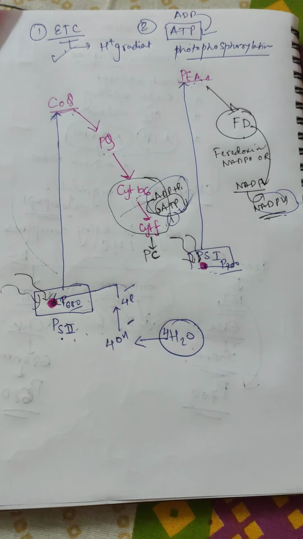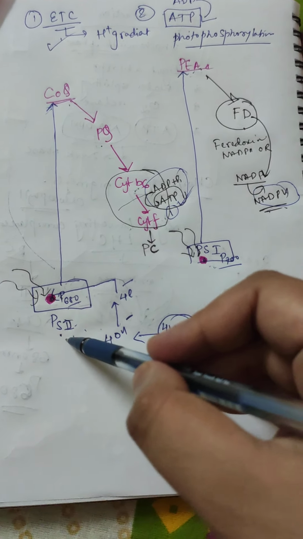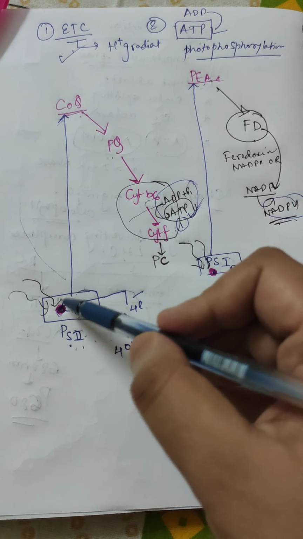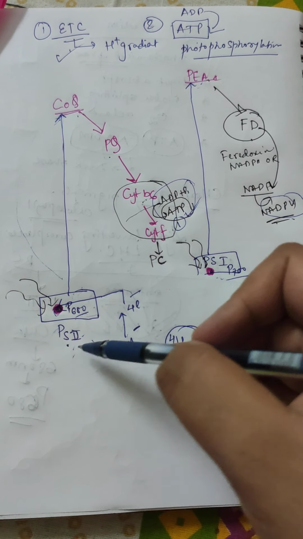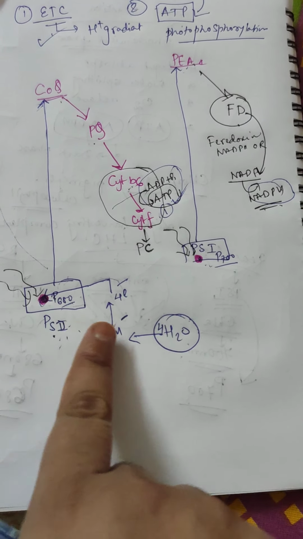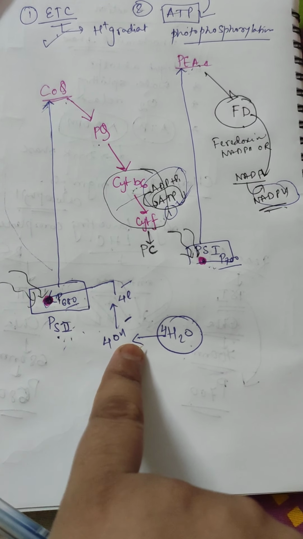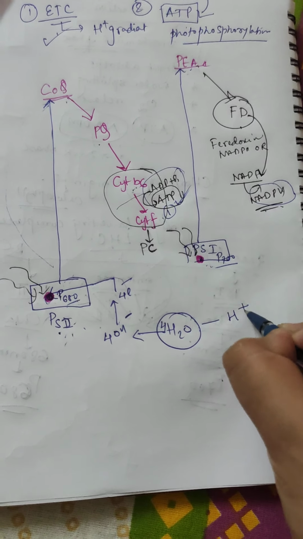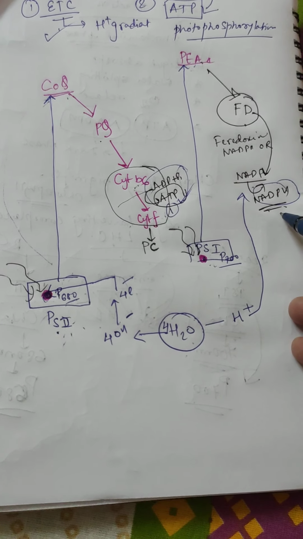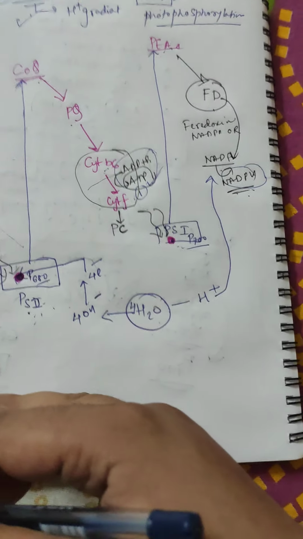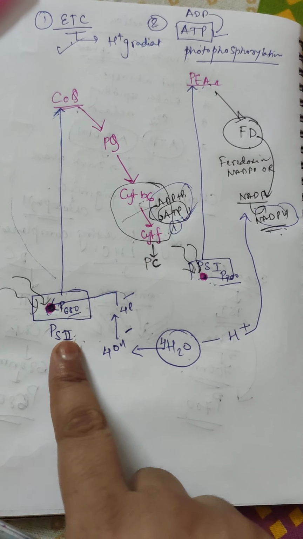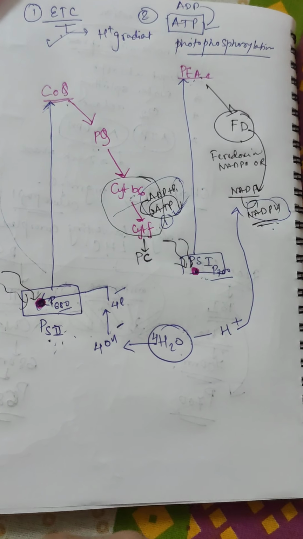Since a hole has been created, photosystem 2 snatches the electrons from water, and while doing so the water gets split into OH and H+. This H+ is required over here for the conversion of NADP into NADPH. And this is how the hole created in photosystem 2 is filled.